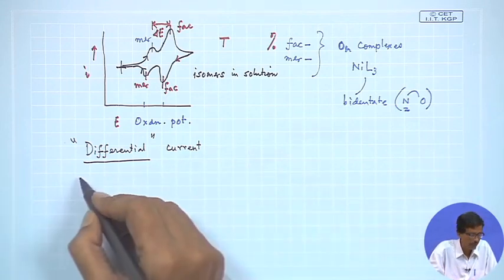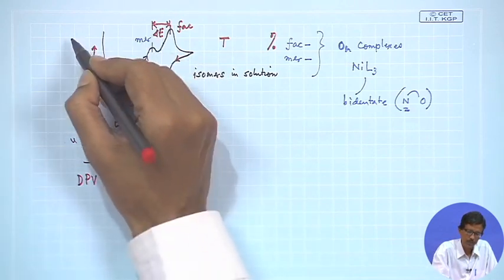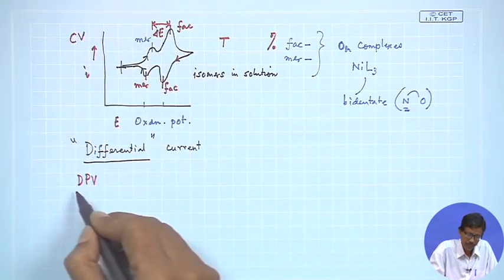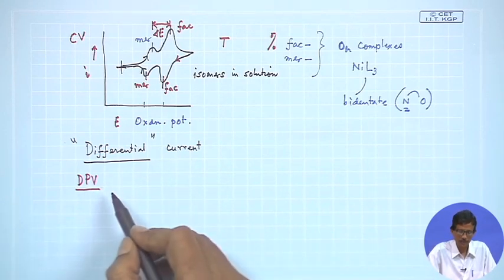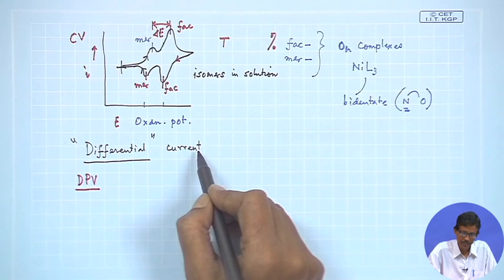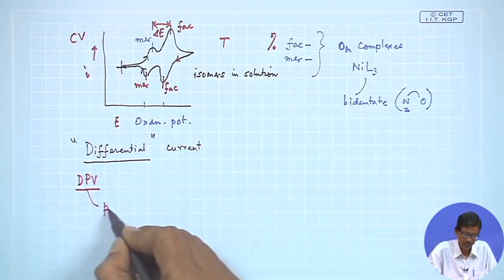That is why a new technique arises, because the differential current measurements will give rise to a technique like, this was your CV, and the next one is your DPV, differential pulse voltammetry. So you have a differential current, and the P stands for the pulse technique.